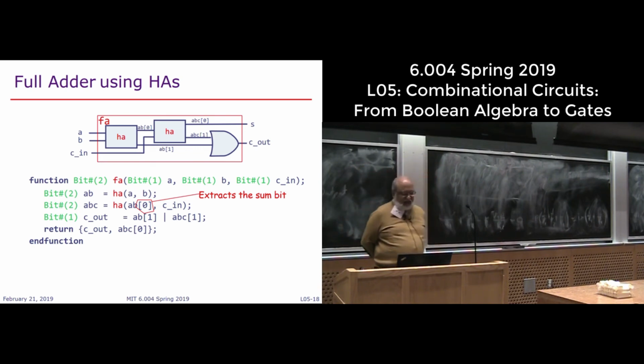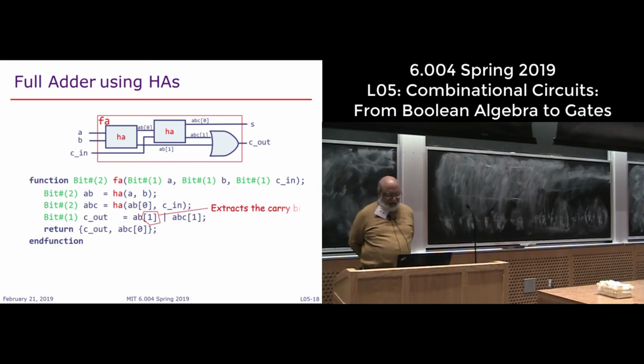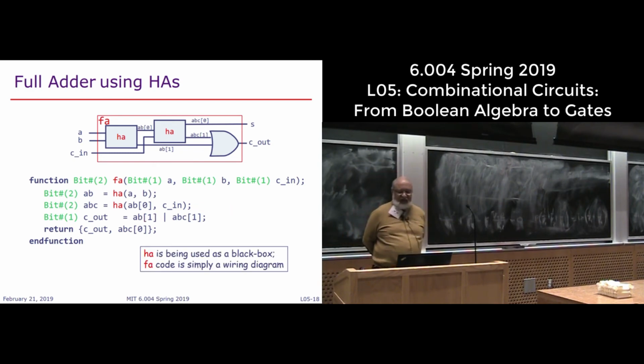So I have taken this and put it in here. I'm adding it over here, extract the carry bit from it, add it, see the OR of these two things to produce carry out, and now we are all set. The output is C out, as well as I have to return the ABC 0 bit from it.